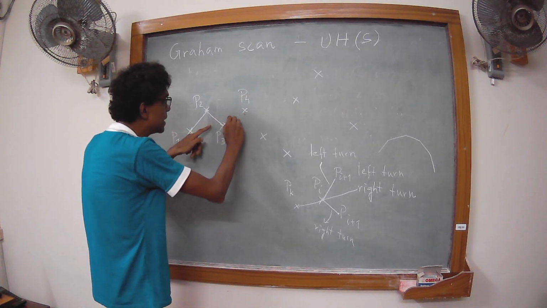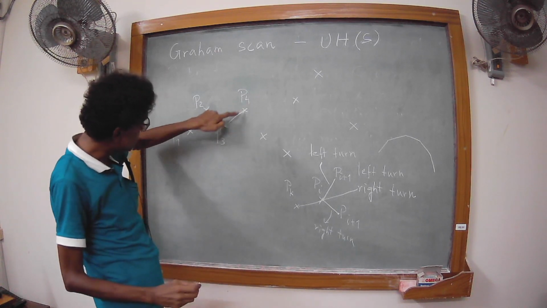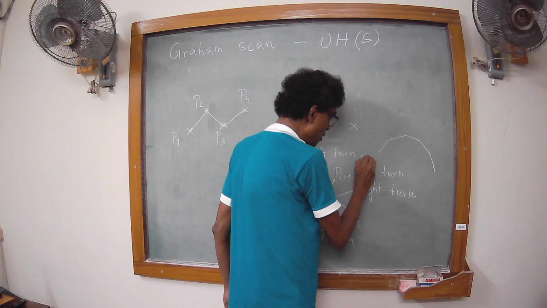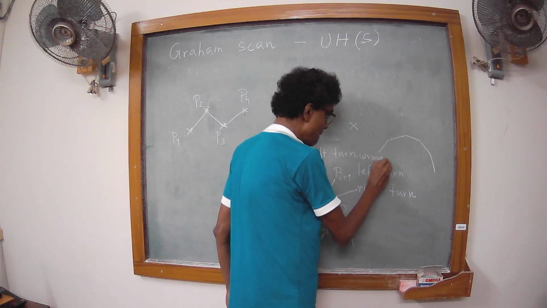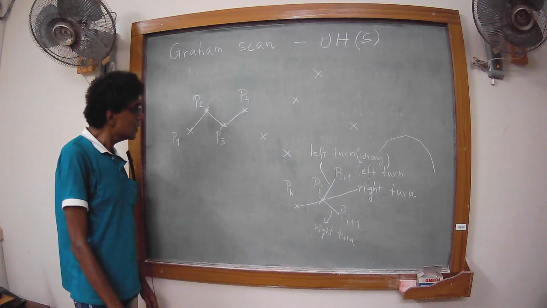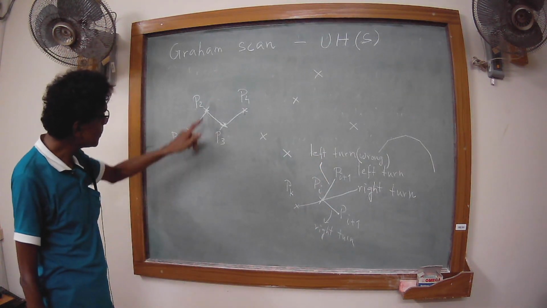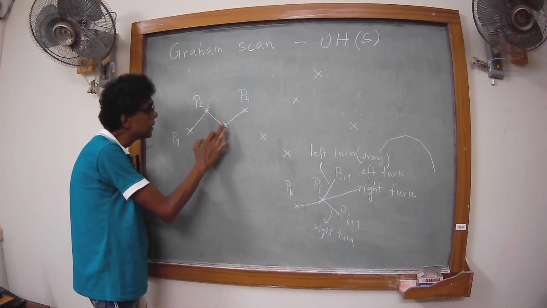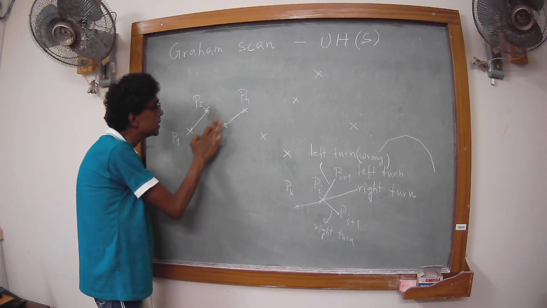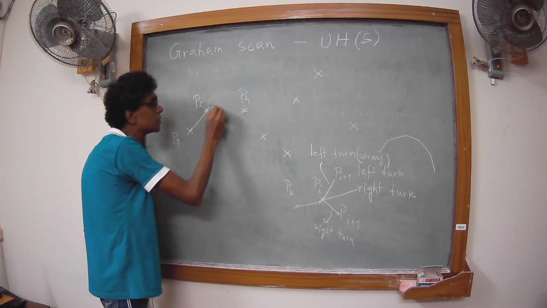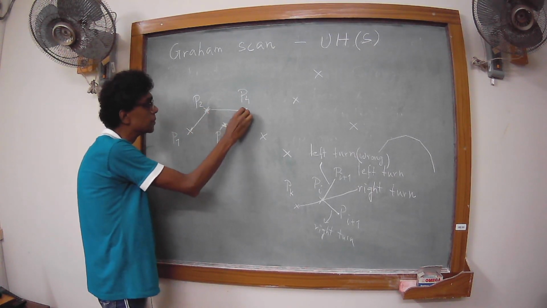But then I see that this is a left turn. Left turn is also the wrong turn, and right turn is right. Since this is a wrong turn, what will I do? I will simply delete this point and connect this directly with P4.